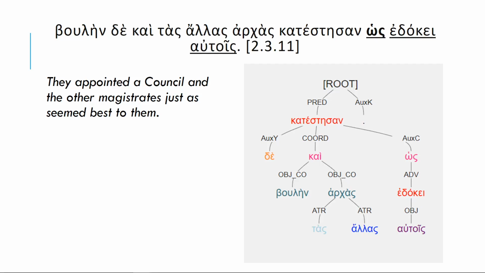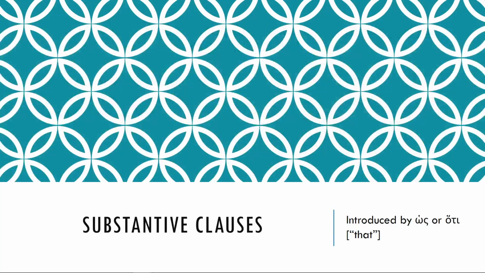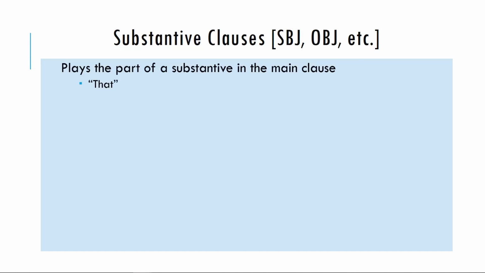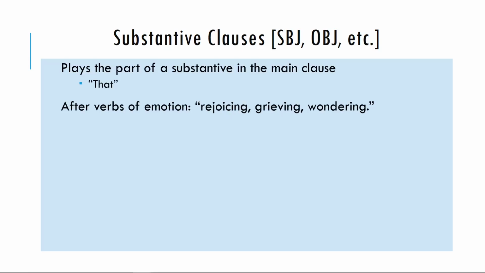Now, substantive clauses can also take hos or hoti, words we've already seen, but they're pretty obvious as a rule because certain verbs take a substantive clause instead of an object. Now, remember, these are just things that act the part of a noun, usually just translated that, and after certain kinds of verbs, like verbs of emotion. You rejoice that, you grieve that, you wonder that.